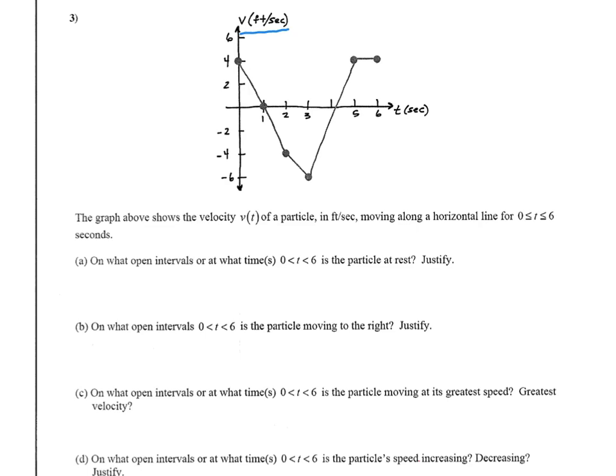On what open intervals or at what times from 0 to 6 is the particle at rest? At rest means that we're looking for places where the velocity is equal to 0. Because this is the velocity graph, we're just looking for places where this graph is equal to 0. I can see two places, one right there at 1, and then one right there. We'll call that 4.2.